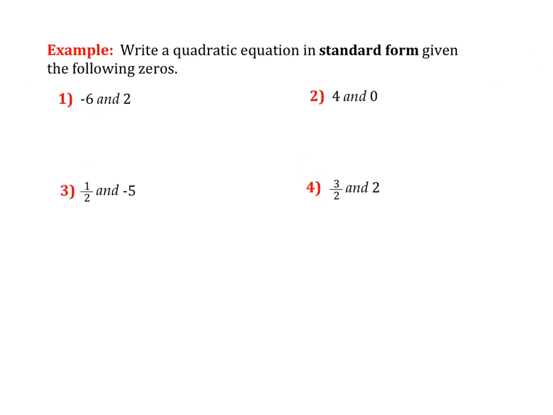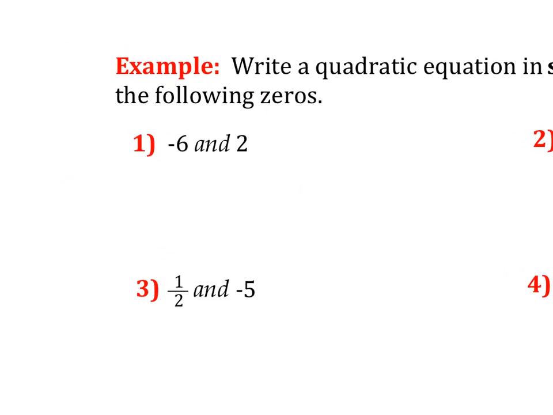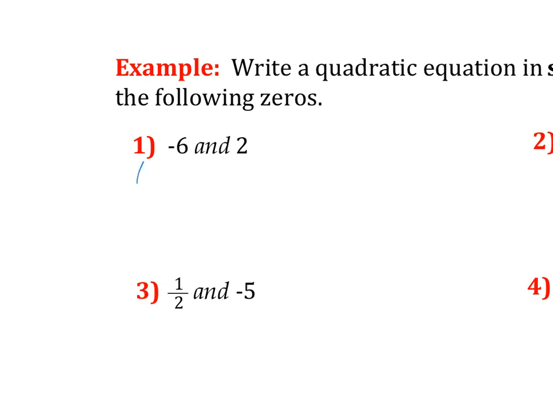All right, so number one, if I have two x-intercepts at negative 6 and positive 2, then my factors would have to be x plus 6 and x minus 2. Now from here, I just distribute that out. We would get x squared plus 4x minus 12.